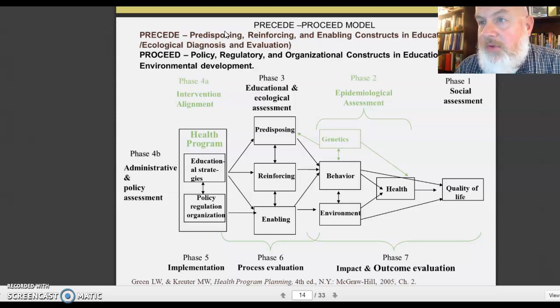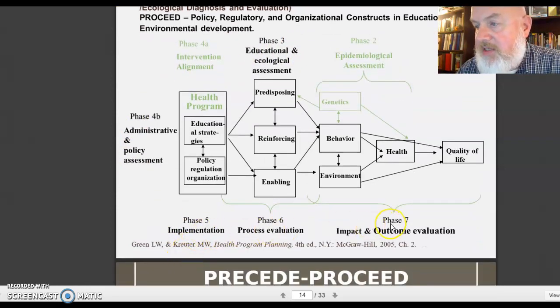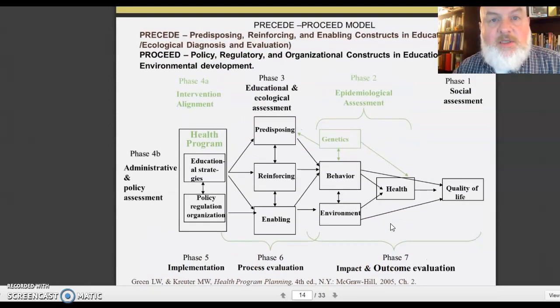And then you've got Proceed: policy, regulatory, organizational constructs in educational and environmental development. It looks a little complicated, but I promise you, all you're going to do is follow phase 1, 2, 3, 4, 4B, and then you go down here with phase 5, 6, and 7. This is talked about in your textbook. There's some good information listed out there, but keep this in mind, because this will not lead you wrong.